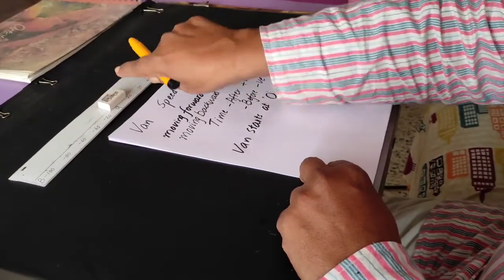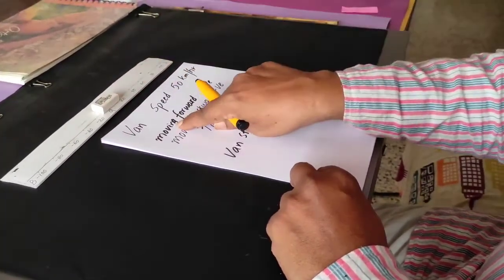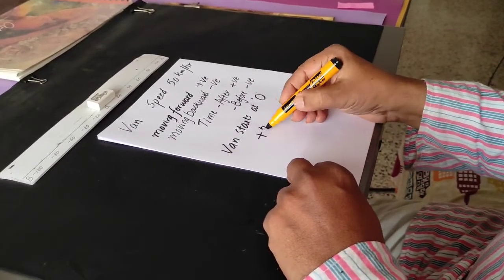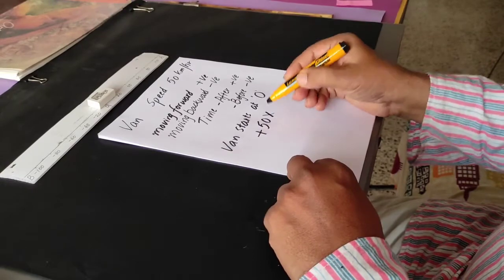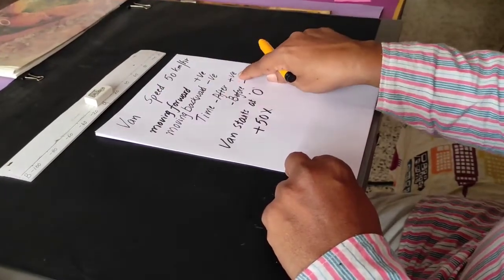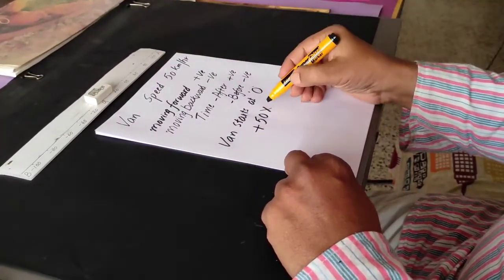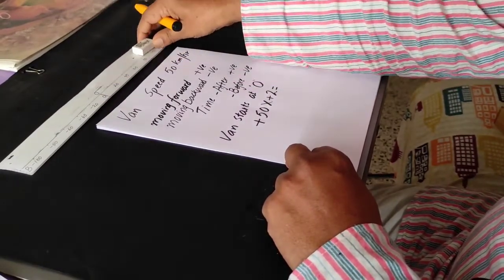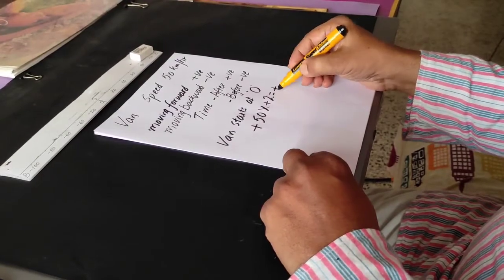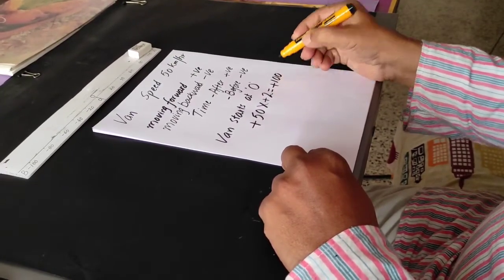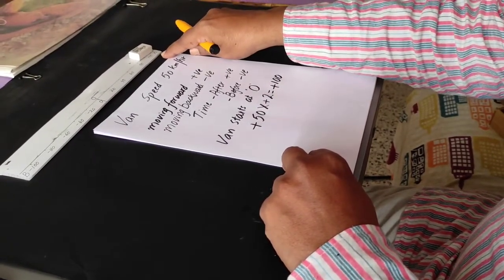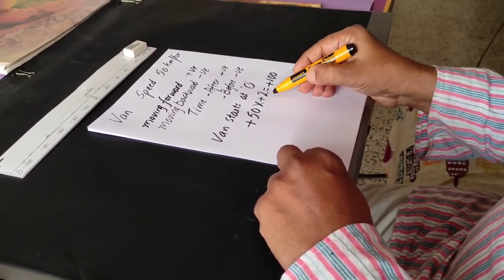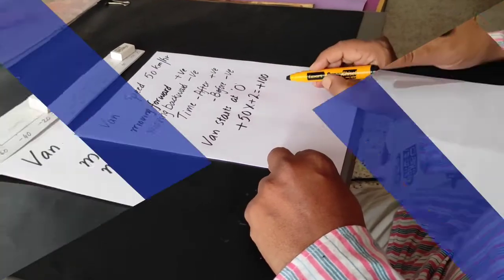Because it is on this side, it is moving forward, that is positive. So it is moving at 50 kilometers per hour, and after 2 hours means it is positive. So after 2 hours, where will it be? It will be at plus 100. That means it is at A. So plus 50 into plus 2 is plus 100.